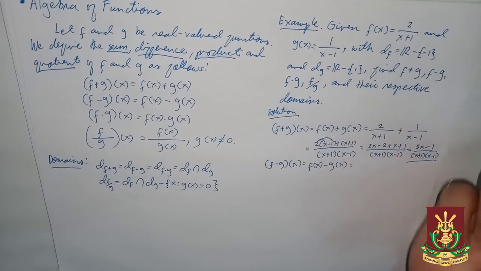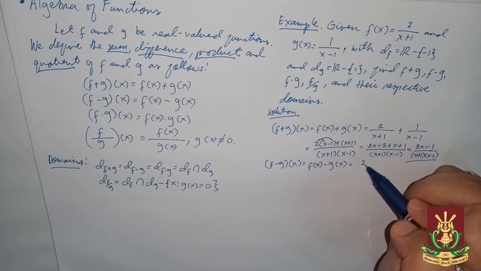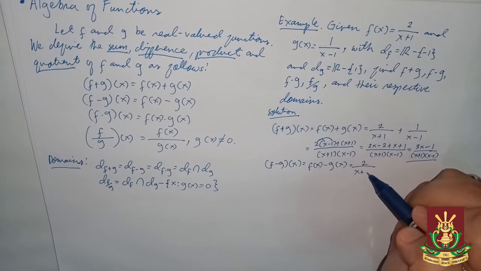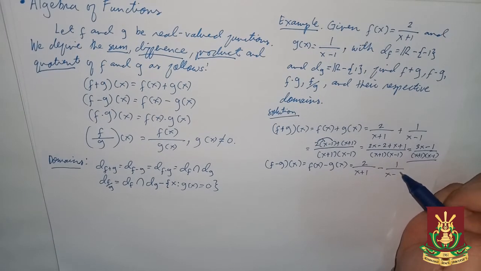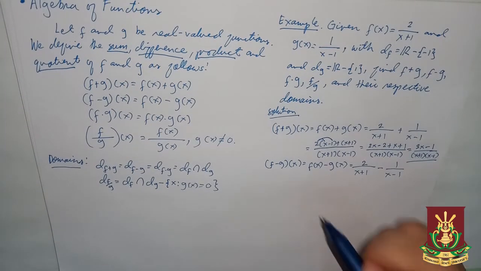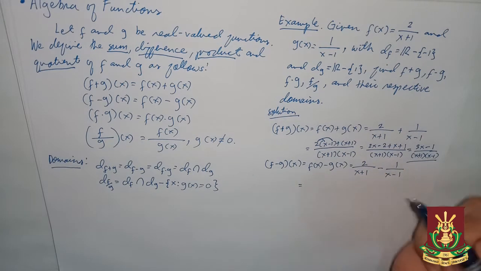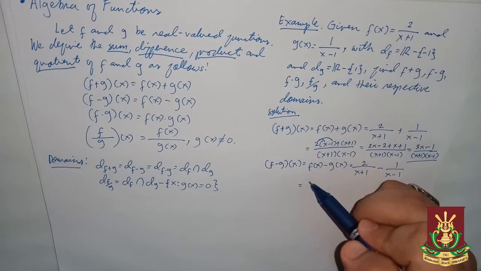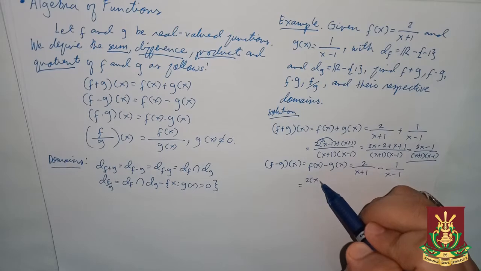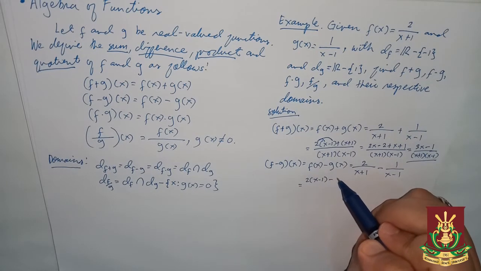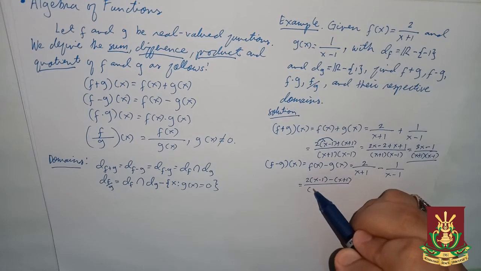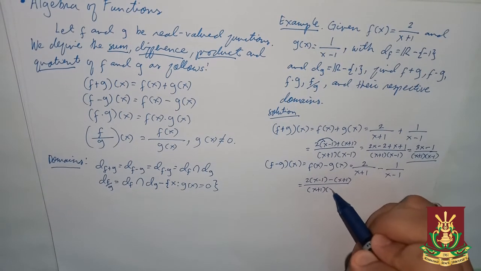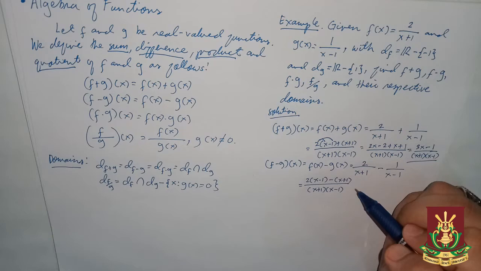Substituting the given, we will have 2 over x plus 1 minus 1 over x minus 1. Okay? This would give us 2 times the quantity x minus 1 minus the quantity x plus 1 all over the quantity x plus 1 times the quantity x minus 1.